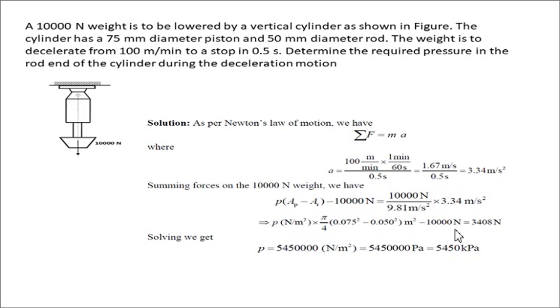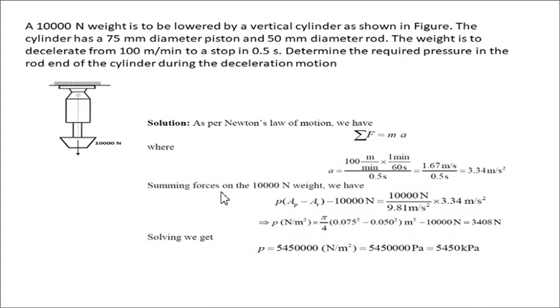Using that second law of motion, F will be given by pressure multiplied by the effective area minus weight which needs to be lifted is equal to mass of that weight multiplied by the deceleration value. So P is nothing but the pressure at the rod end side, multiplied by the effective area.